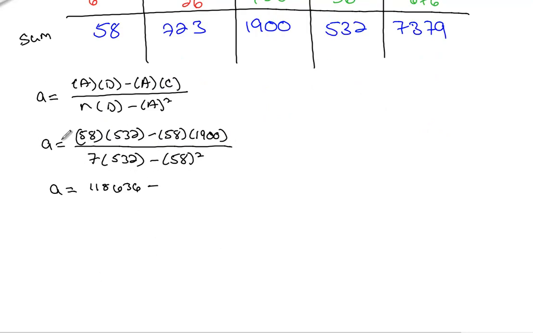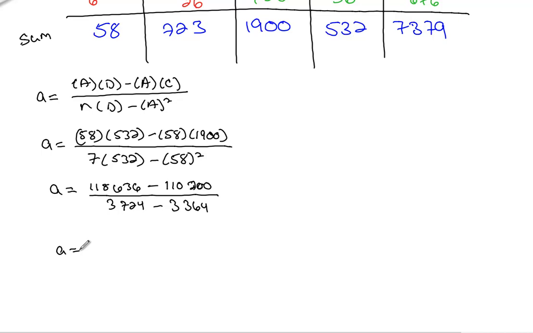And then 58 times 1900 is going to be 110,200. 7 times 532 is 3,724. 58 squared, which is 58 times 58, is 3,364.